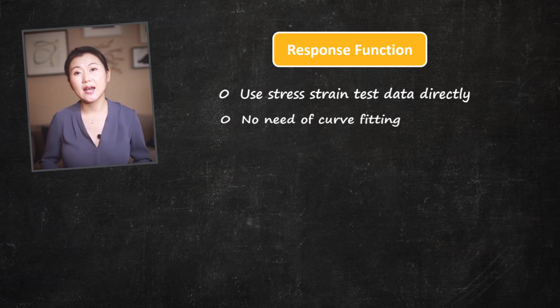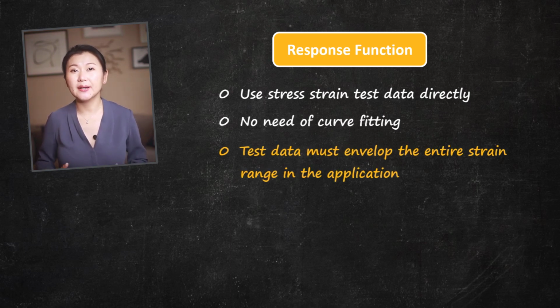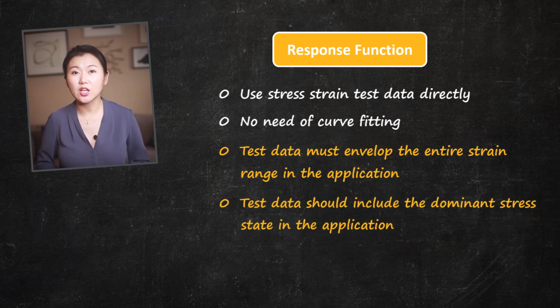This method eliminates the need for curve fitting and provides a workable alternative to overcome the limitations of the conventional method. Response function is easier to set up, but requires that the experimental data completely envelope the entire strain range of interest, and it should ideally include the dominant stress state encountered in the actual application.